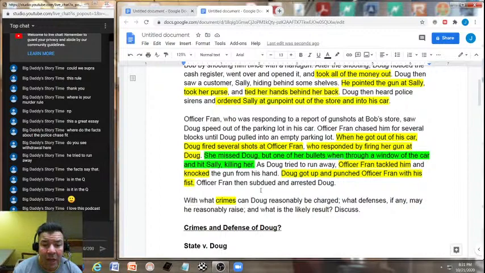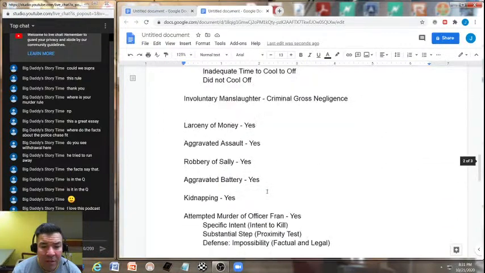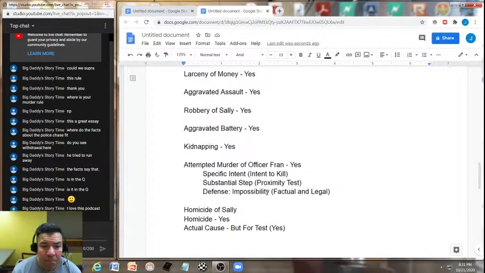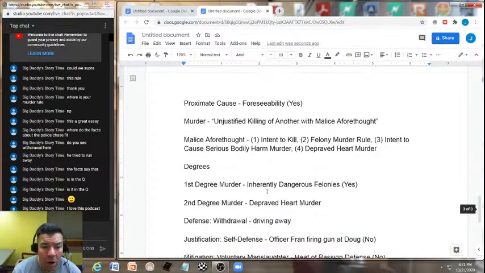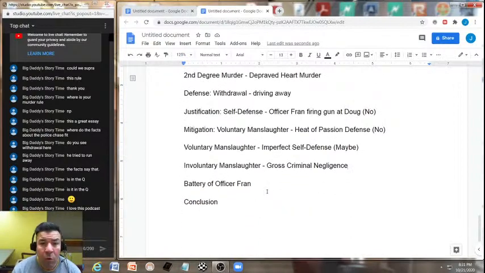So does the criminal conduct taken by Doug represent a significant risk to the life of not only Sally but those around Sally? Absolutely. And so we could argue that is our factual support from our Q for our involuntary manslaughter, criminally gross negligence. Yes.